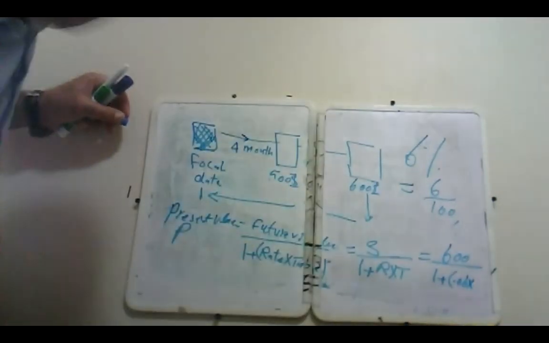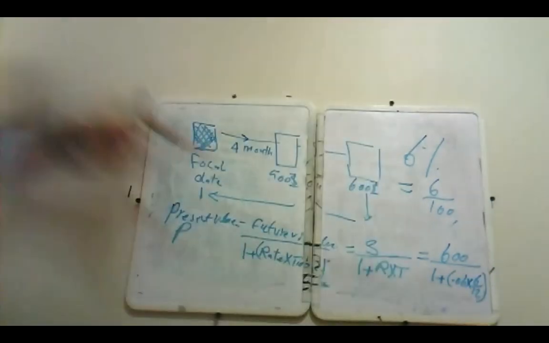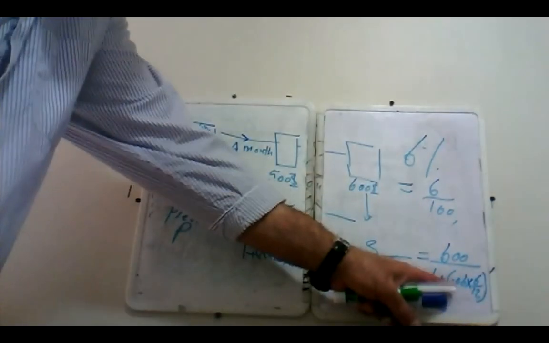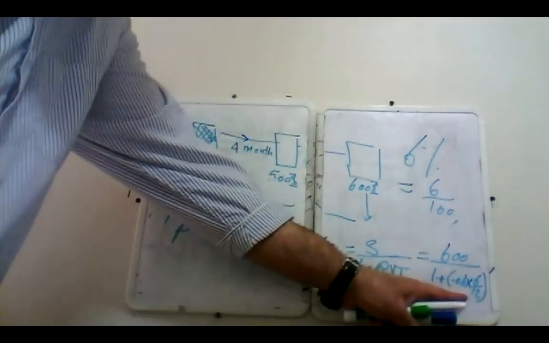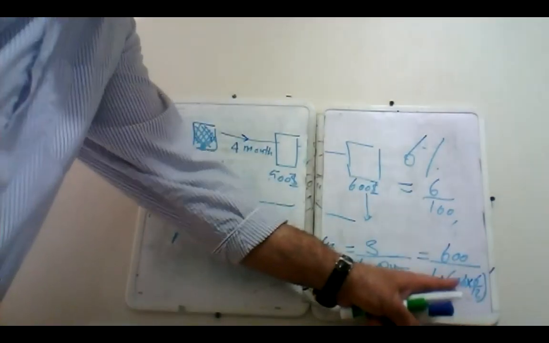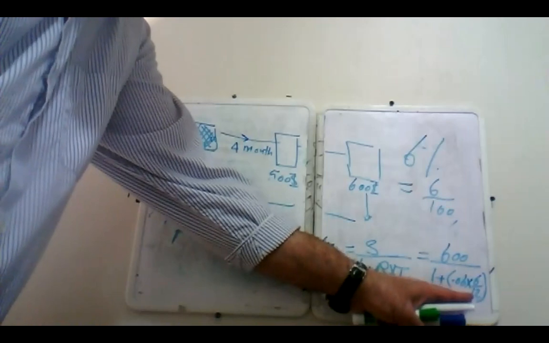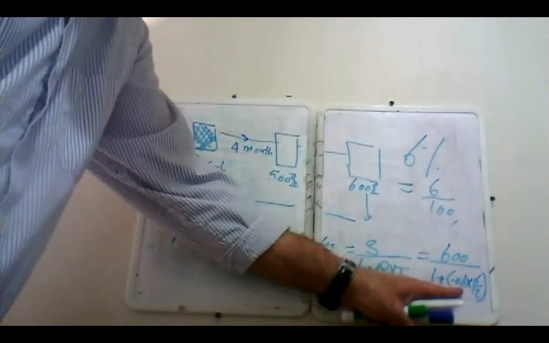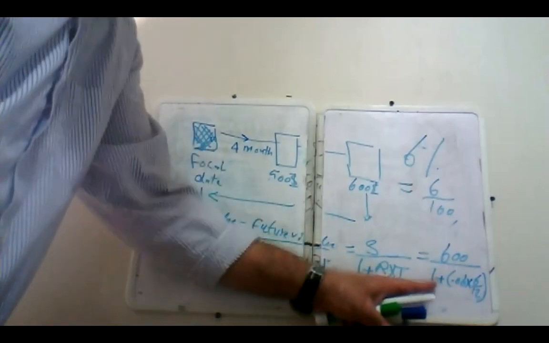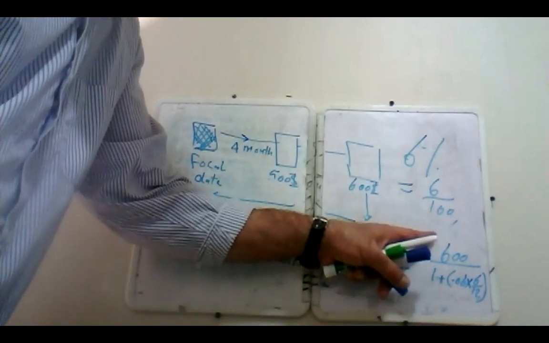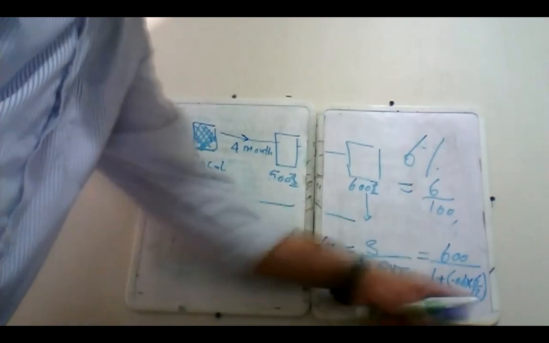The time is now 6 months, so it will be 6 by 12. Just finish it with the calculator, but take care, you have to finish the brackets first. So 0.06 by 6 divided by 12, then add it to 1. Then you divide 600 by all this amount.